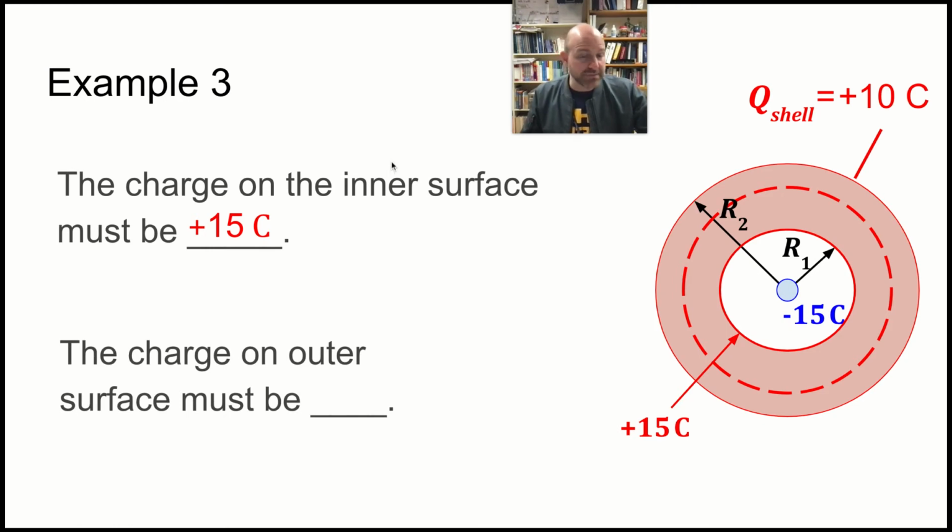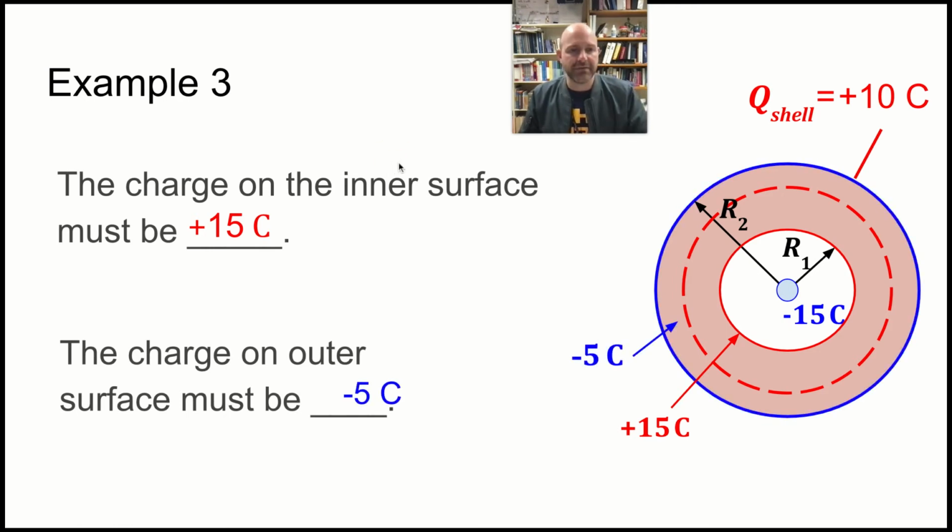And now the outer surface must be negative 5 because positive 15 plus negative 5 gives us the positive 10, which is our net charge on that shell. And we've distributed it in such a way that we can enclose zero when we have a Gaussian surface that is inside the shell.